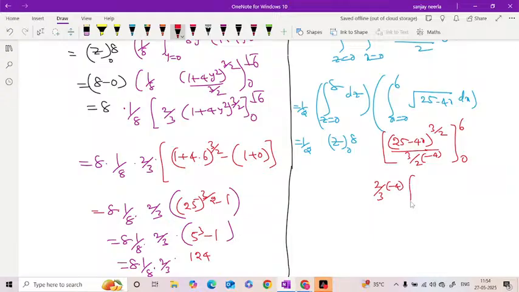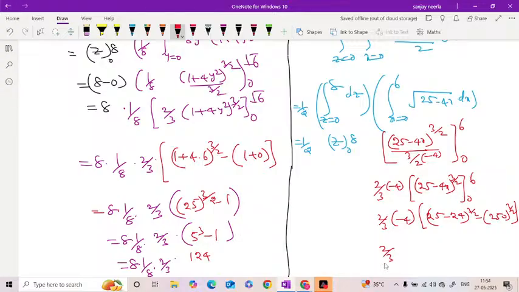Now the upper limit. So 25 minus 4x whole power 3 by 2, limits 0 to 6. So 2 by 3 into minus 4, into the upper limit 6. That means 25 minus 24 whole power 3 by 2, minus the lower limit 0, so 25 minus 0 whole power 3 by 2.